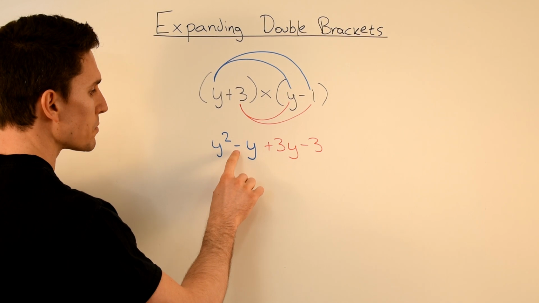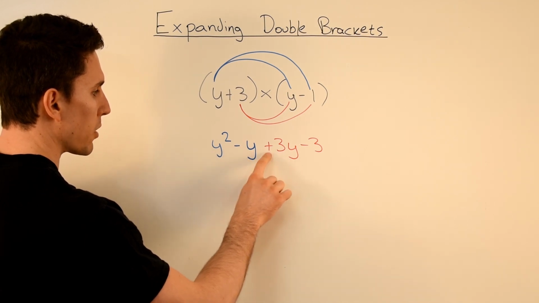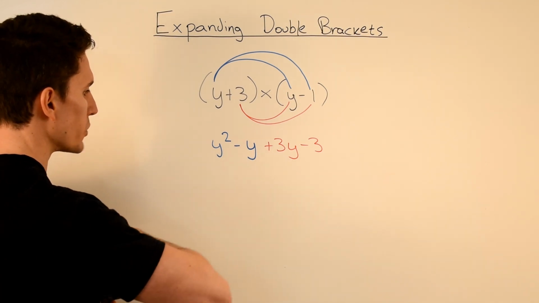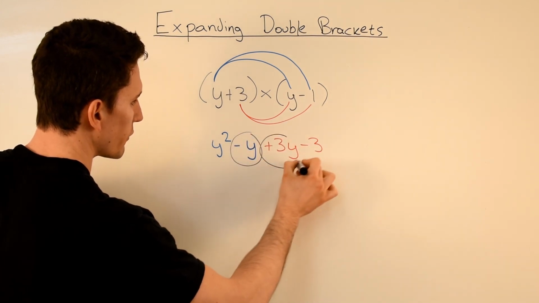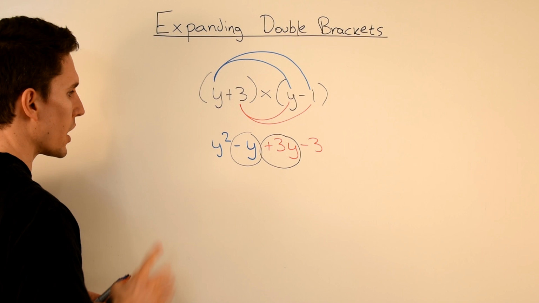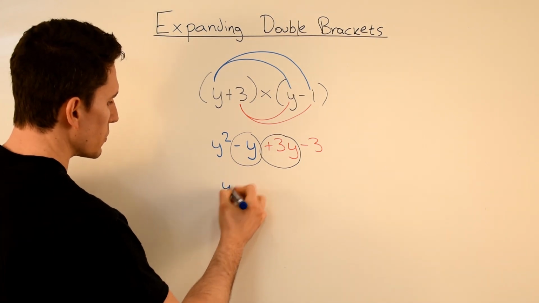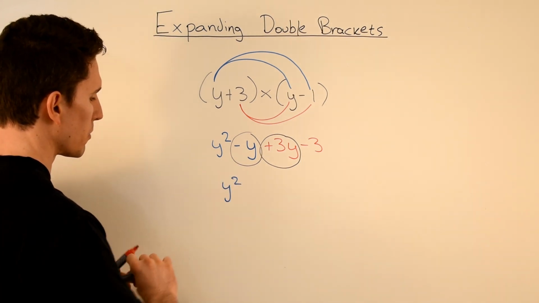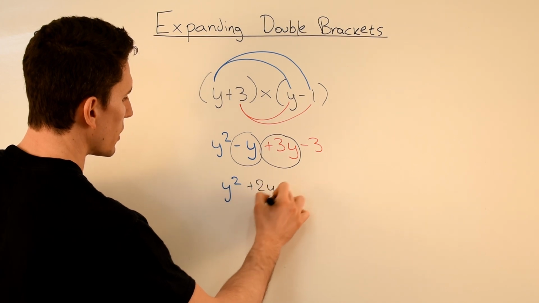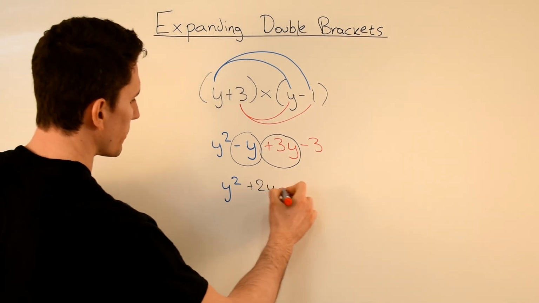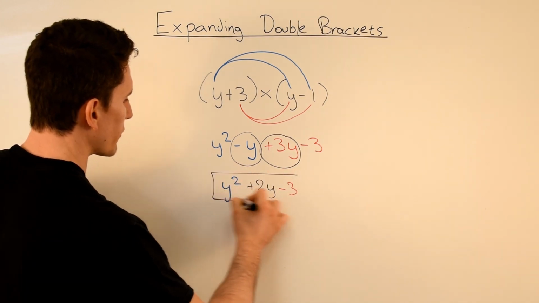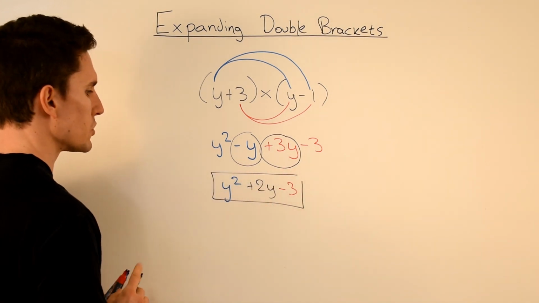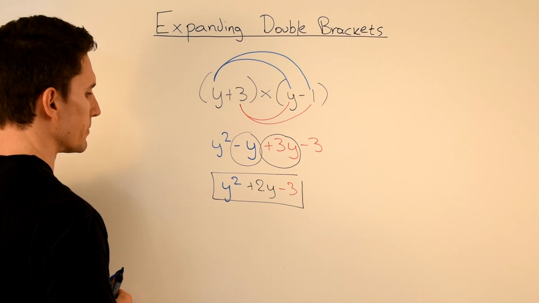Remember, this means minus 1 lot of y plus 3 lots of y, which means that will give us plus 2 lots of y if we put these together. So the answer is actually equal to y squared plus 2y minus 3. So the expanded form of the double brackets they have given us is y squared plus 2y minus 3.